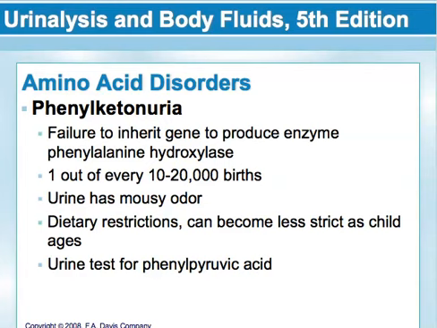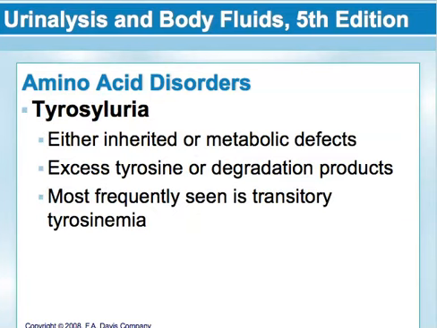It can be treated early with dietary restrictions that can become less strict as the child ages and alternate metabolic pathways for phenylalanine are developed. The urine test for phenylpyruvic acid is a test that can be used. Positive in that test is a blue to green color.